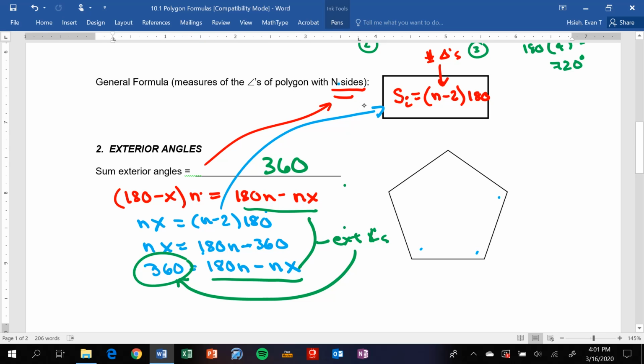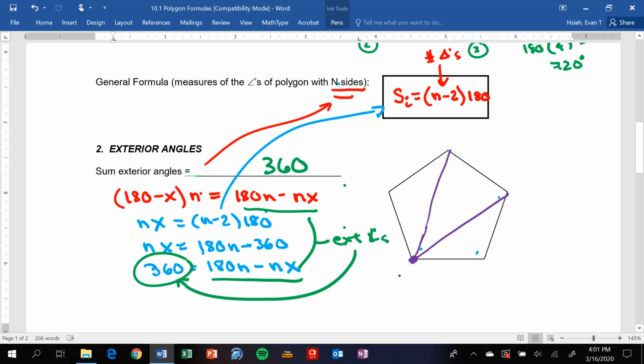So the number of diagonals that I can draw, for a pentagon, it's going to be 2, right? I can draw two from each vertex. So from one vertex, I can draw two.